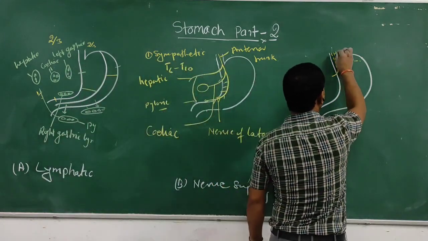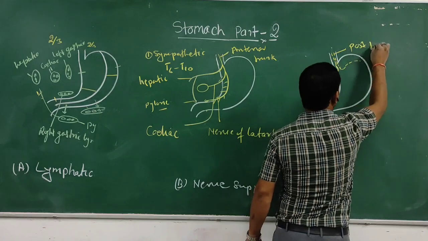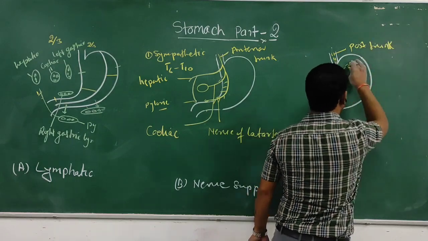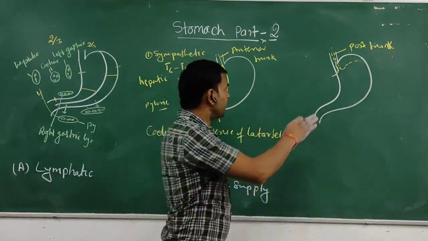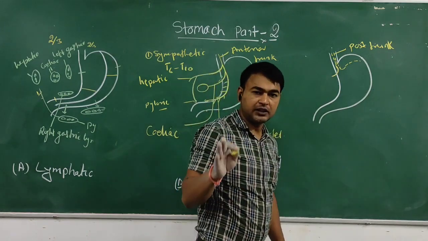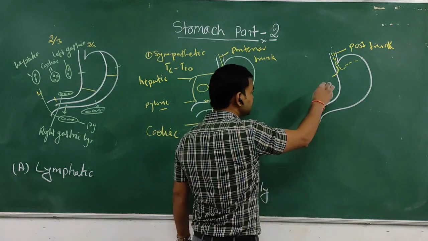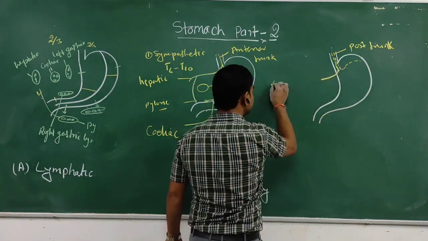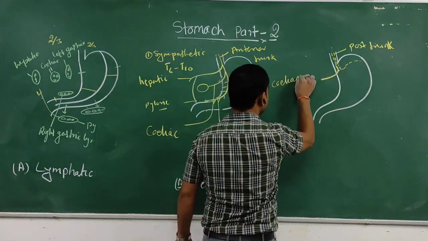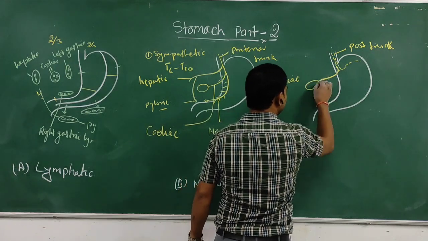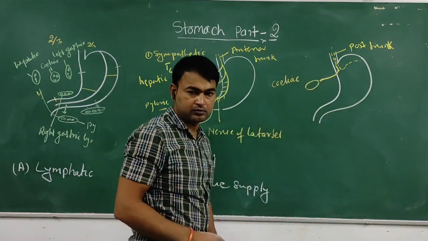Second is the posterior trunk. So this is the posterior trunk passing into the abdomen behind the esophagus, supplying the posterior surface of the stomach. The first branch is the celiac branch, supplying the celiac ganglion.